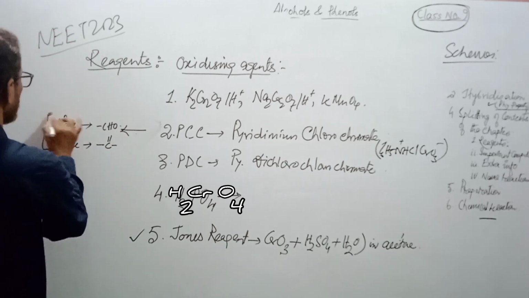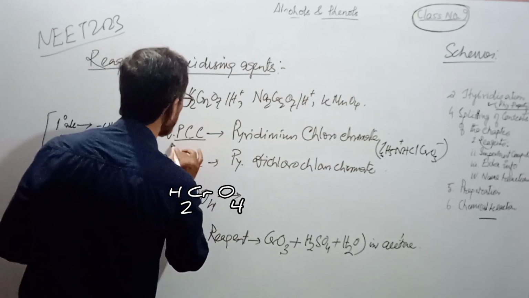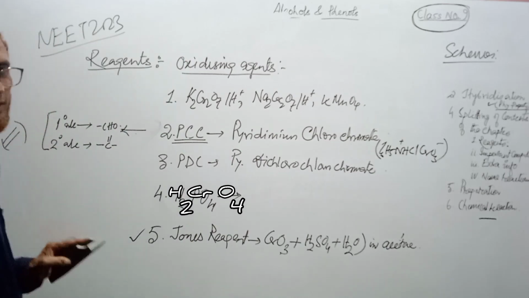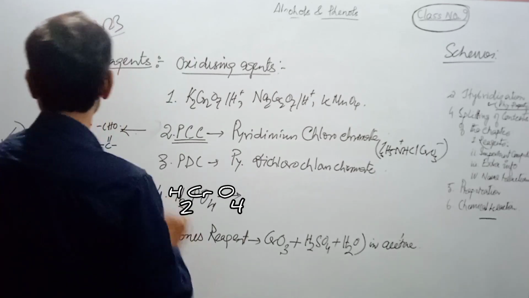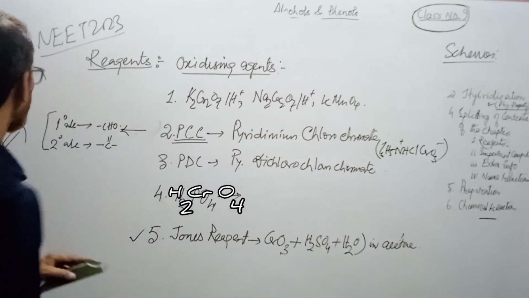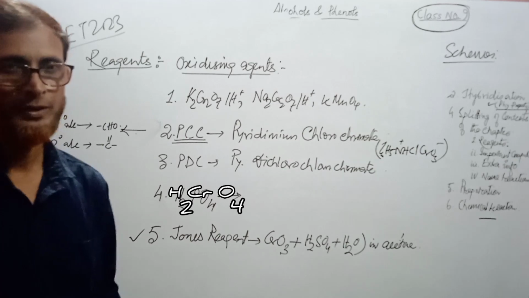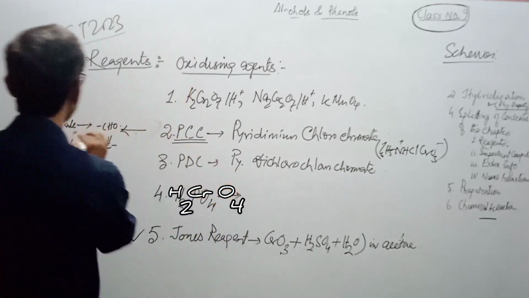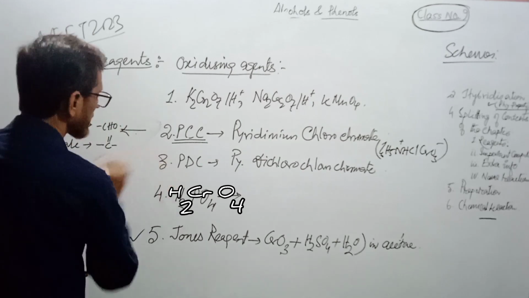This is the function of this. Another speciality of PCC is that if there is any double bond in the structure, this double bond is not affected by PCC. Am I right? PDC has the same function, 1 degree to CHO, 2 degree to ketone.